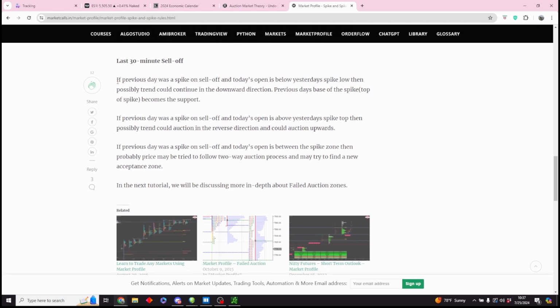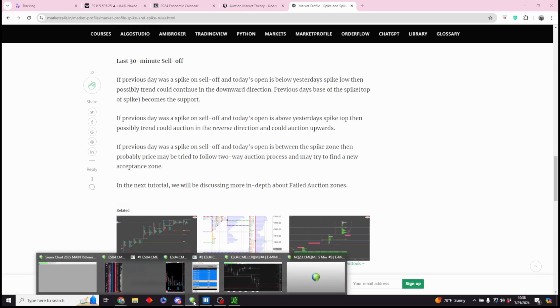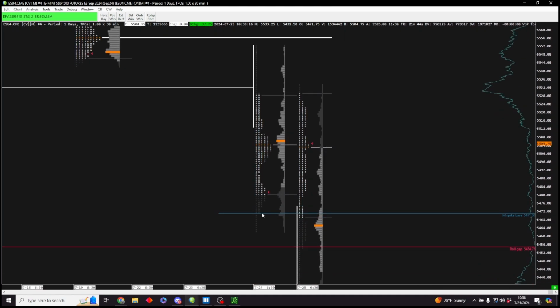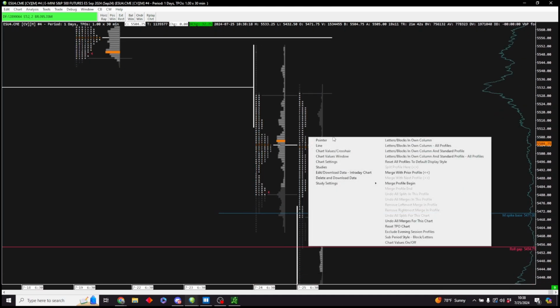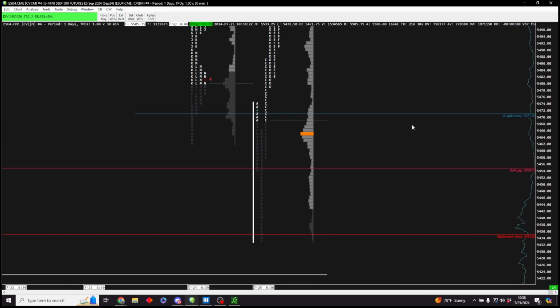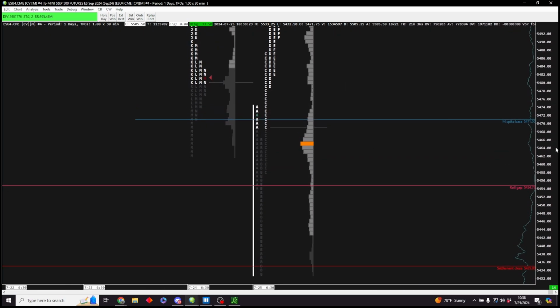If the previous day was a spike on sell off and today's open is below yesterday's spike low, it could possibly continue in the downward trend. Basically, you want to monitor for acceptance or rejection at that level. That was my key level for the day, those 7-1, 7-3s. You can see that spike base. Let me pull up the market profile separately so it's easier to visualize.